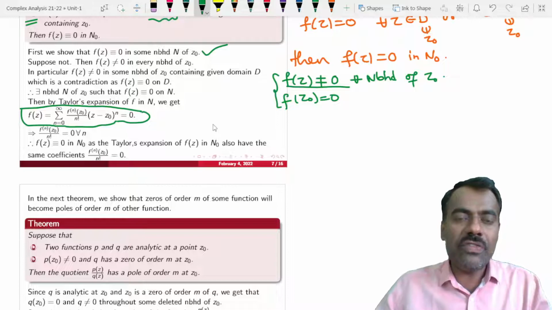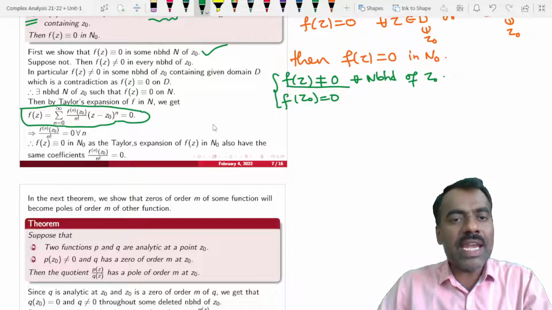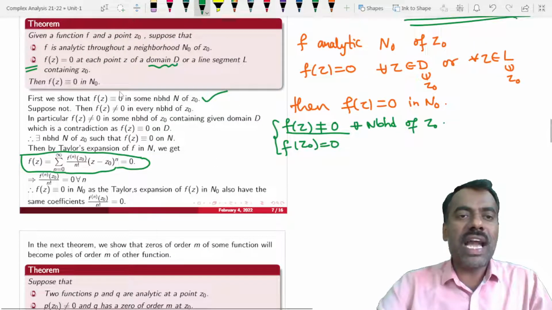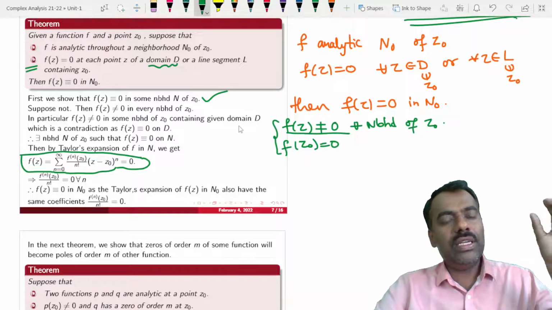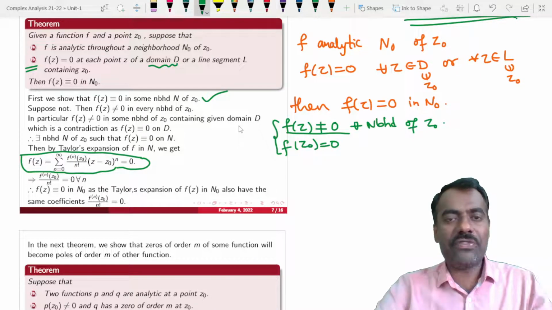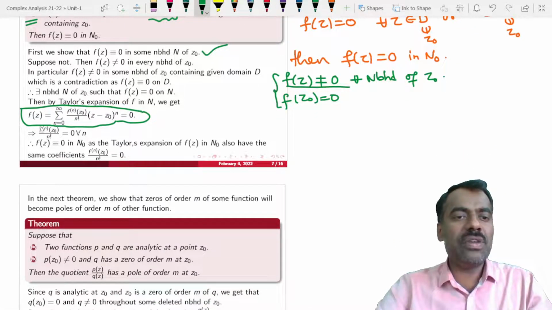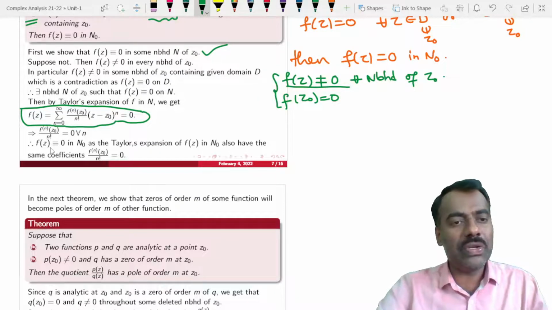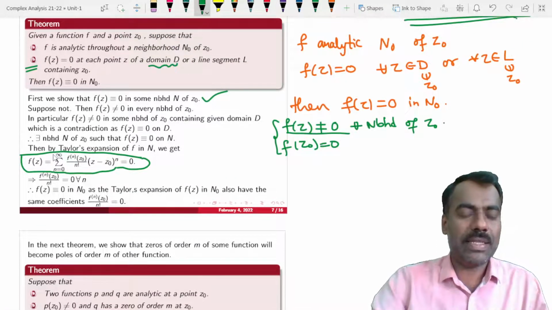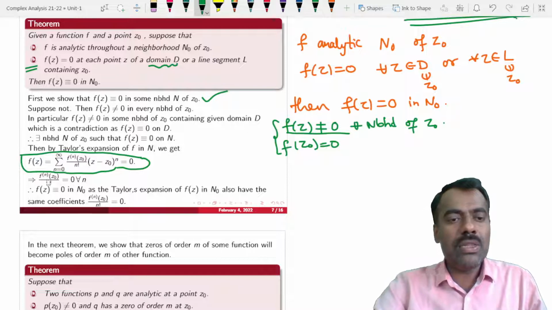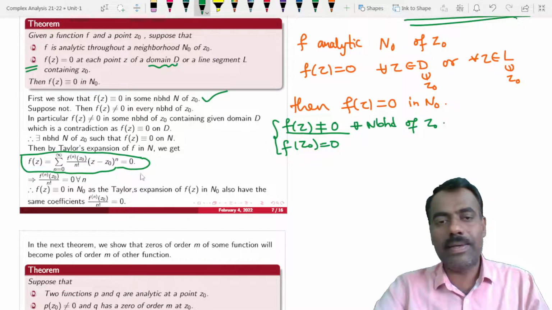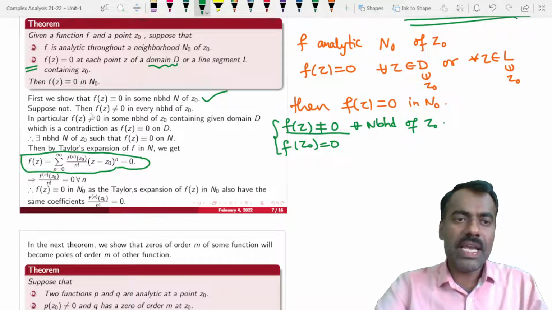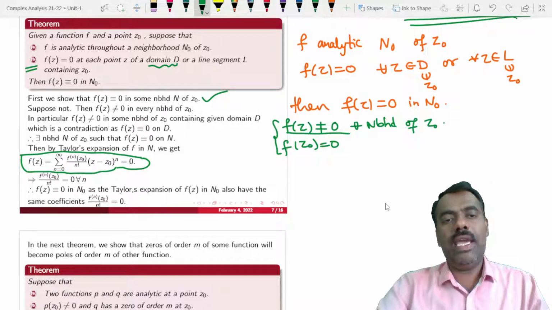Because f is analytic throughout this neighborhood N naught, the Taylor series representation of f around z naught in this neighborhood will have the same coefficients, f^(n) of z naught by n factorial only. There is no difference. But all those coefficients are 0, so therefore f of z is equal to 0 in N naught also. So that proves that f of z is equal to 0 in N naught.